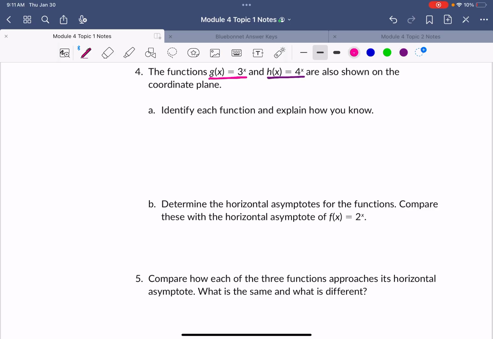If I had to create a quick table of values, let's plug in 0 and let's look at the negative values. If I plug that in, I know that this would be 3 to the 0 power. Anything to the 0 power is always 1, right? So I should have a point at 0, 1.